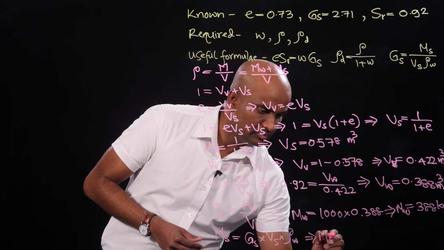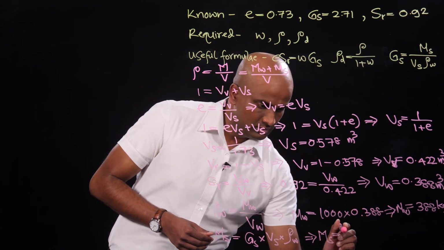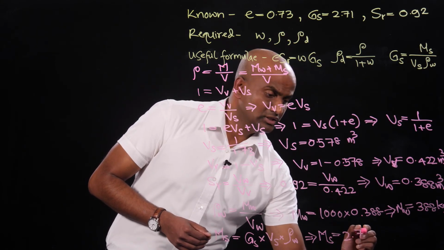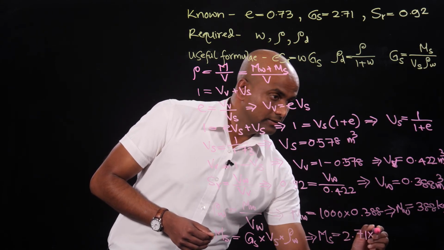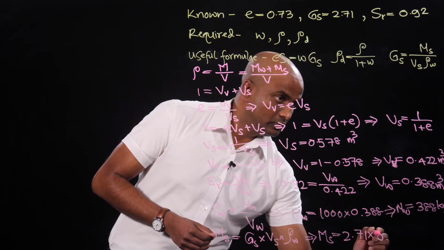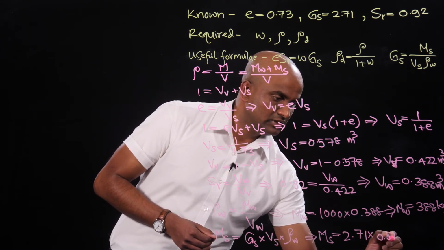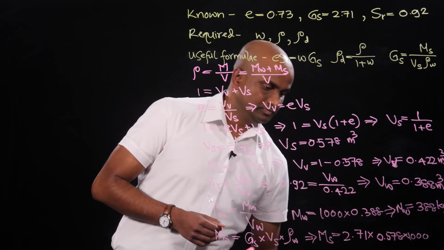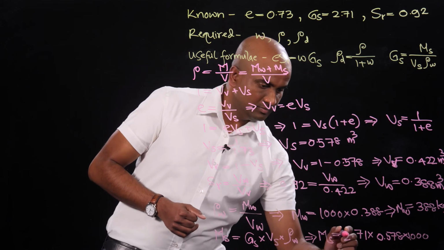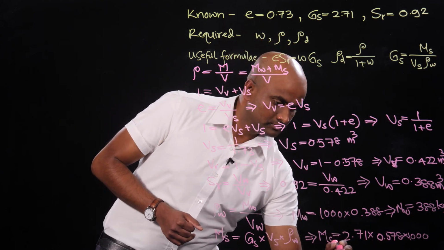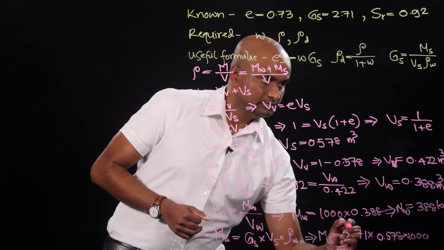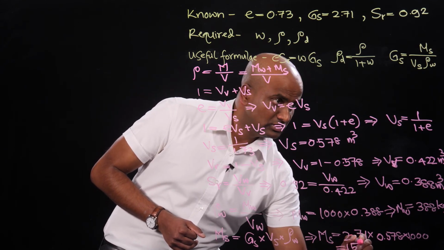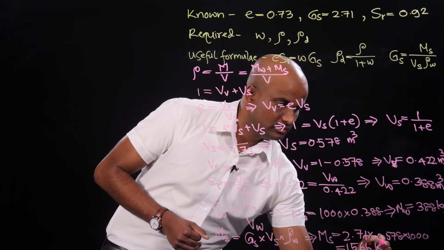So your MS will be 2.71 times 0.578 times 1000. That will be 1566 kilograms.